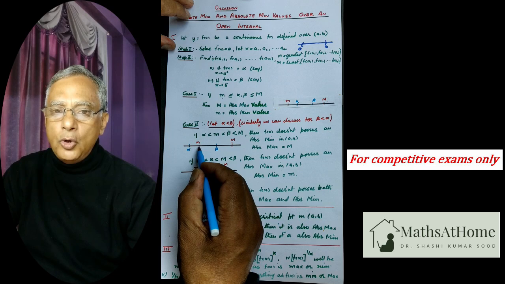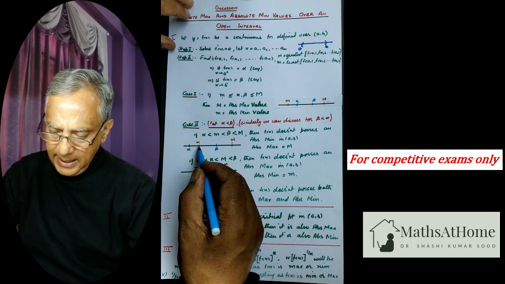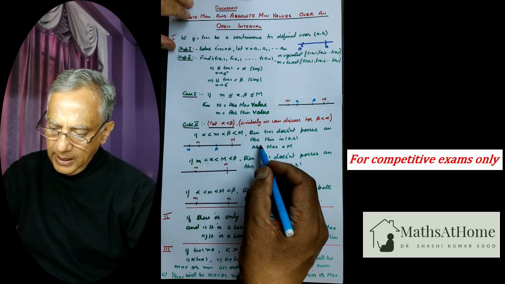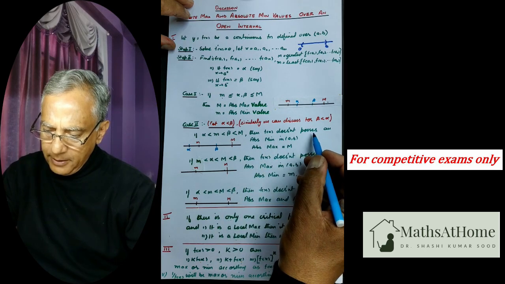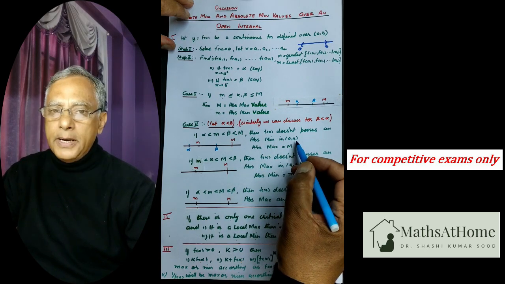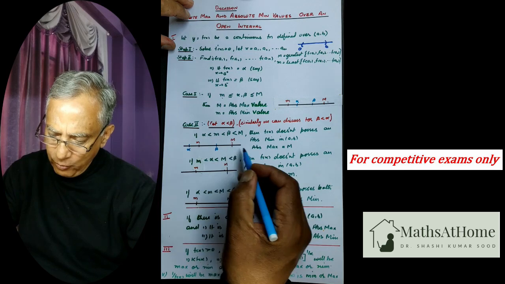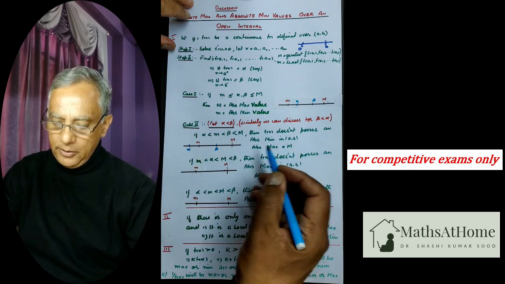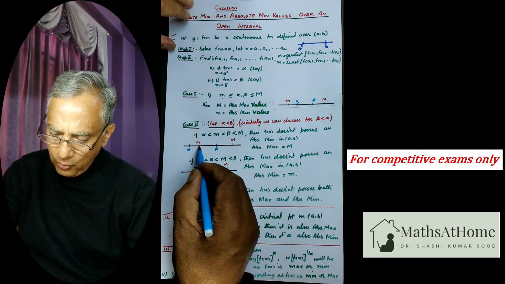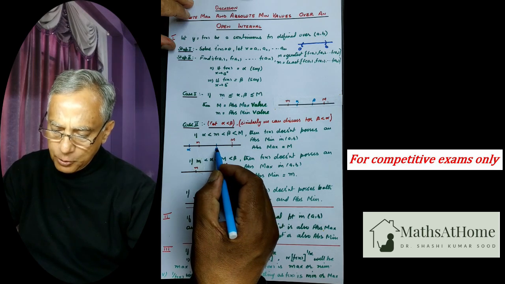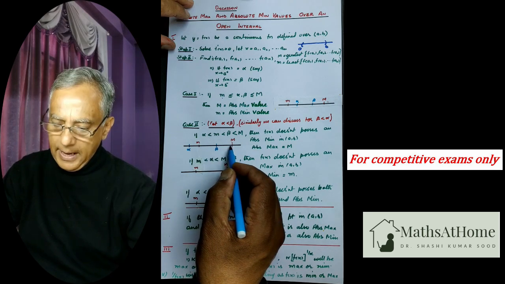This will not be the absolute minimum value. In this case f(x) will have no absolute minimum value in the open interval (a, b) and M will be the absolute maximum value.